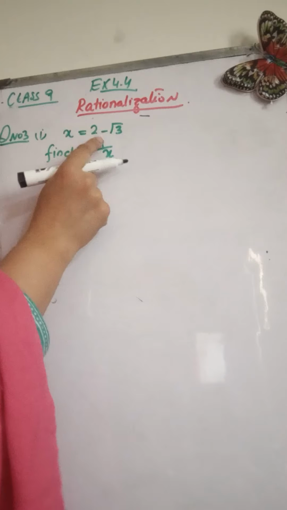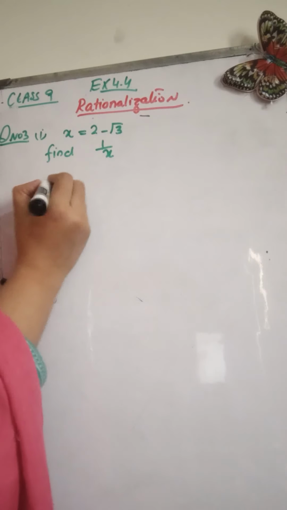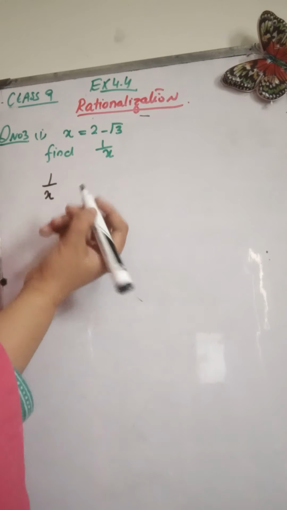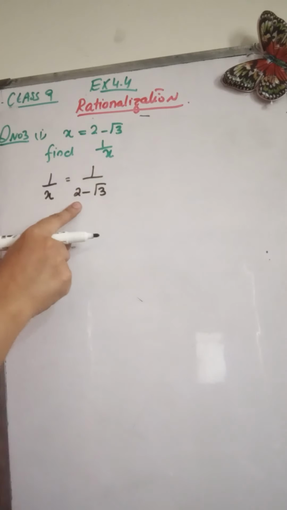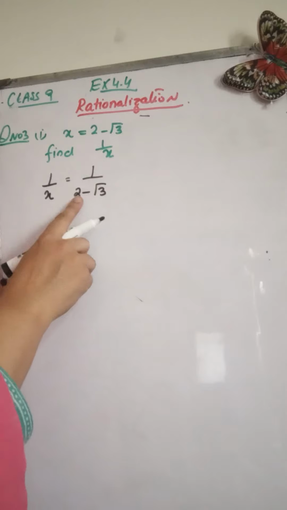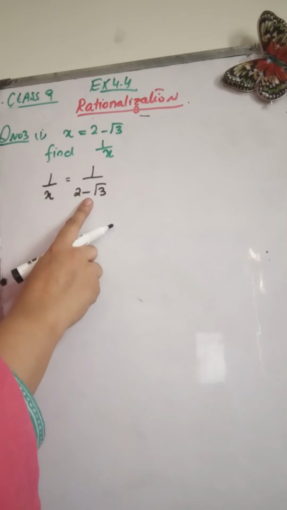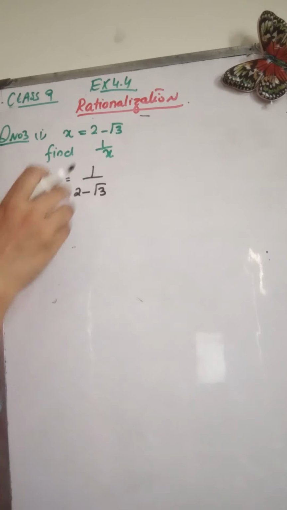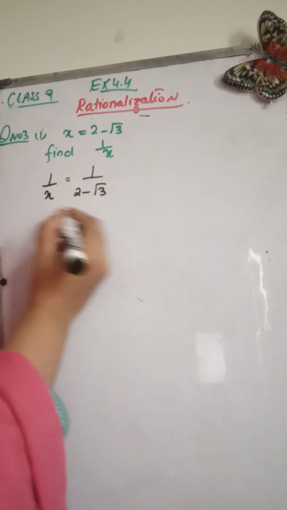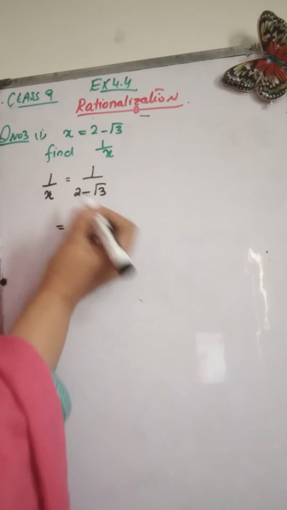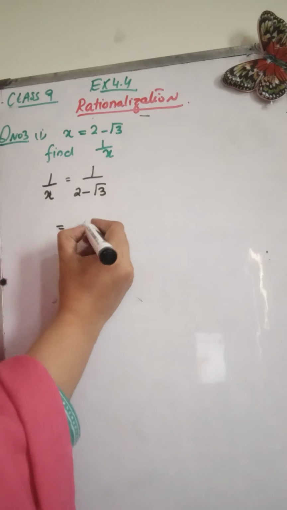Okay, so if x is equal to 2 minus under root 3, then 1 over x will be equal to 1 over 2 minus under root 3. And what we are going to do is rationalize the denominator also, because this makes the question more simplified and easier to work with. Okay, so we always rationalize the denominator.